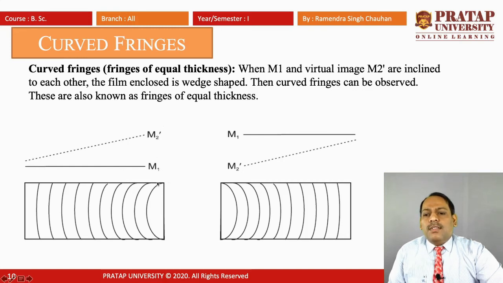So, in that case, hyperbolic fringes will be formed, and the curved part will be like this as shown in the figure. But when on the right side the thickness is decreasing, then the pattern will be the opposite of the original pattern. So, we can have such types of hyperbolic fringes or curved fringes.